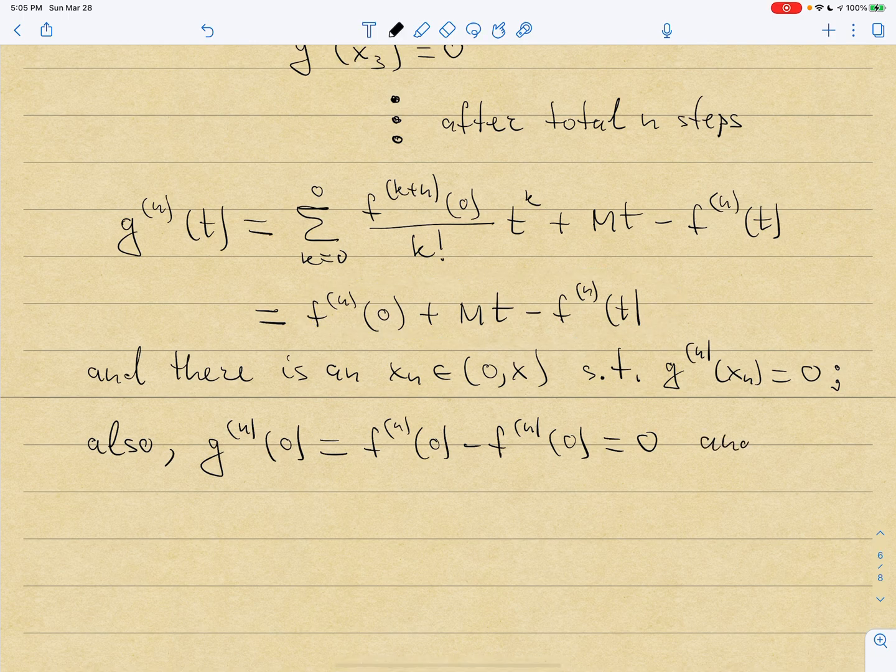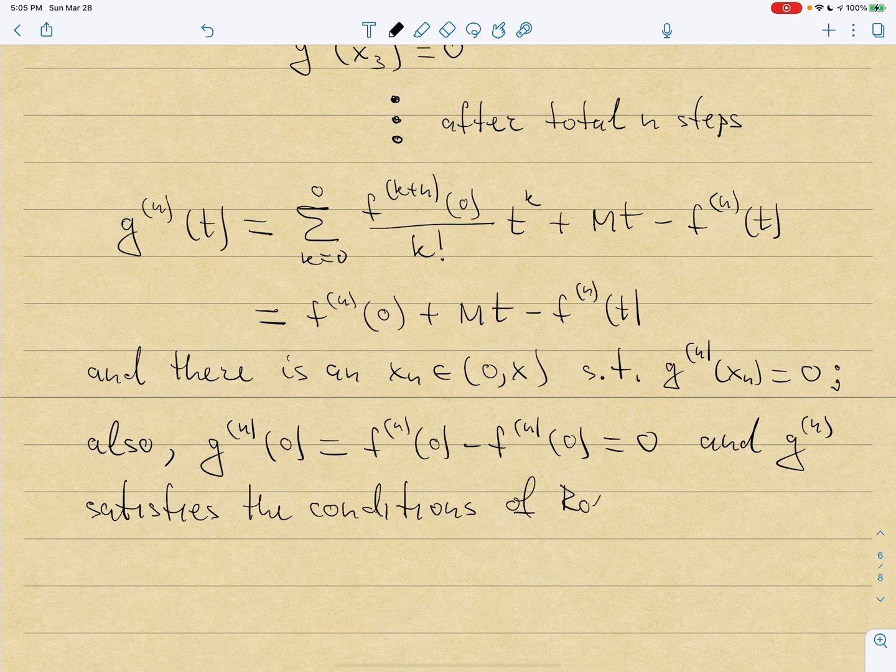and g_n satisfies the conditions of Rolle's theorem on the interval from 0 to x_n.